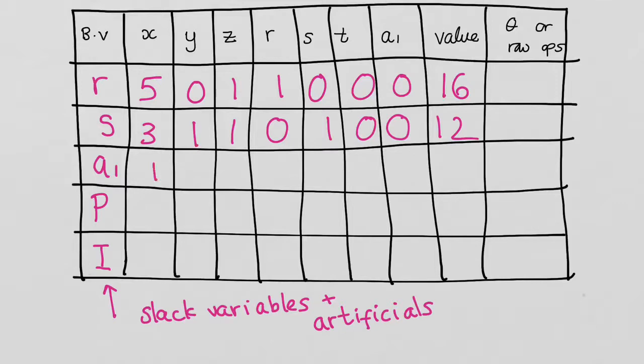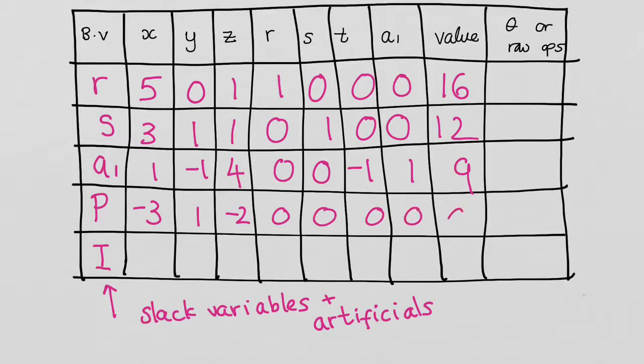Then we have 1x, negative y, 4z, 0, 0, negative 1t, 1 artificial variable, value 9. Objective row for p: minus 3, 1, minus 2, 0, 0, 0, 0, 0. And that weird objective function for I: minus 1, 1, minus 4, 0, 0, 1, 0, negative 9.